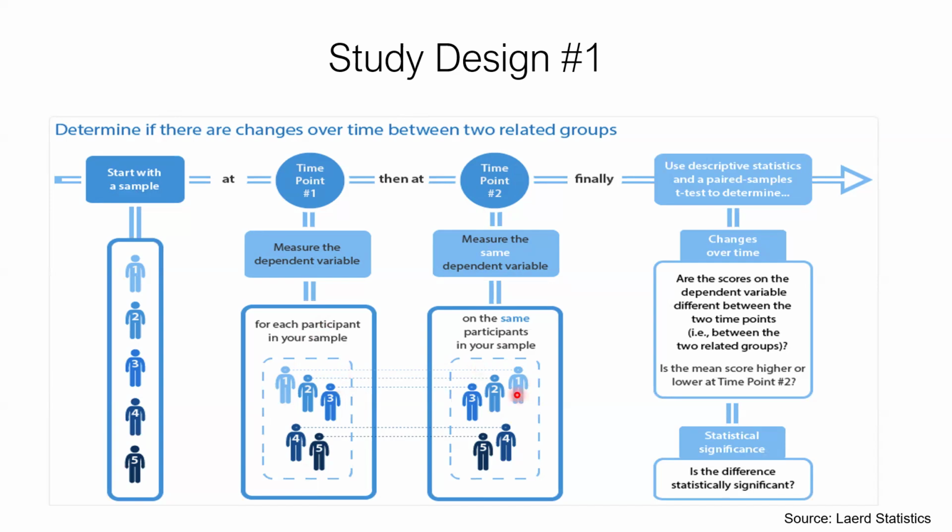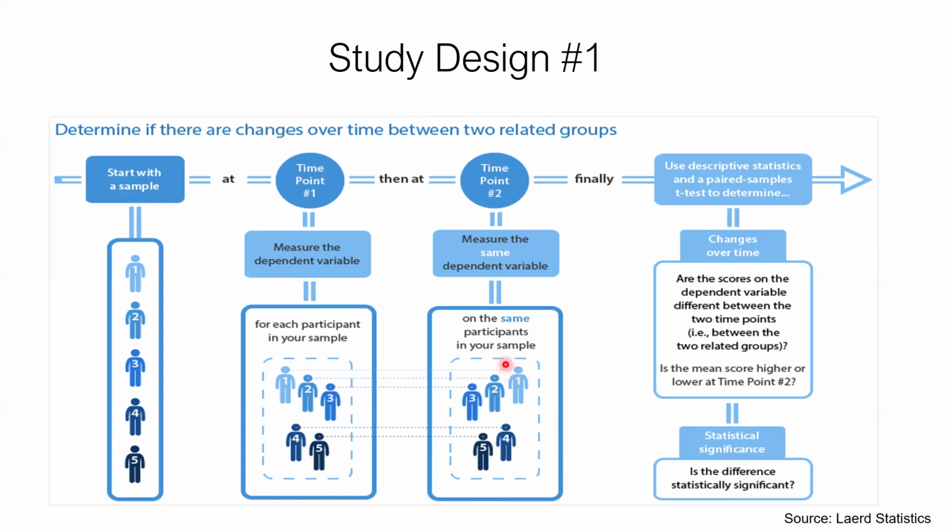Say for example, I have our class wherein everybody will be given a pre-test. Then let's say after 2 months, I'm going to give you a post-test. So everyone who participated in the pre-test will be the same set of participants who will have to take the post-test.